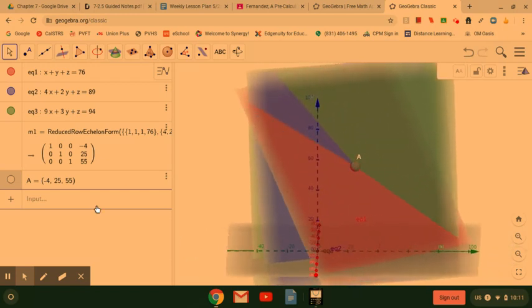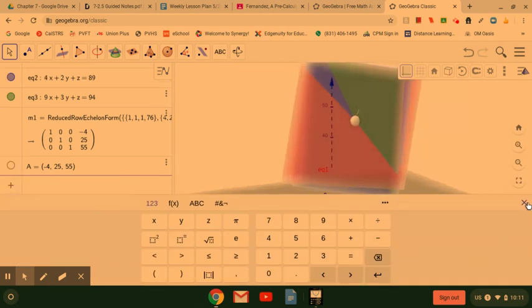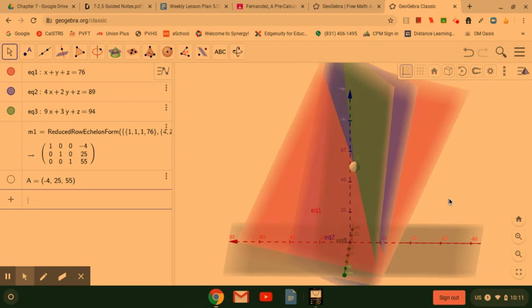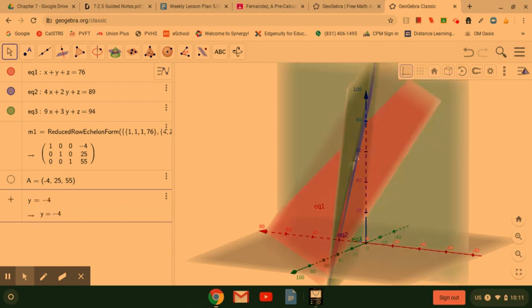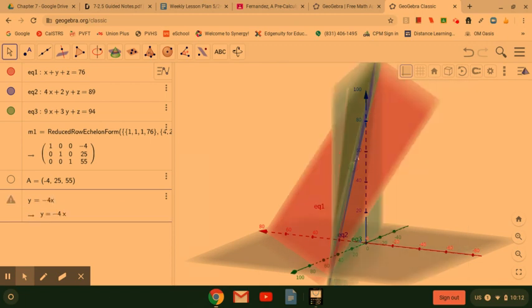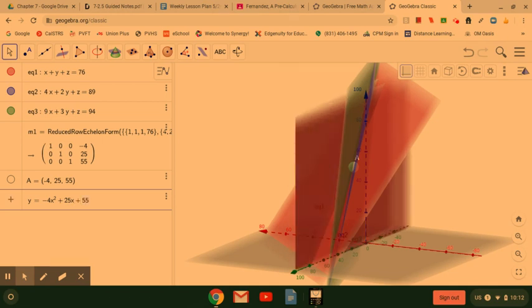Okay, so now we can write our solution. Let's stop this at a good point right there where we can kind of see where all three planes intersect. Okay, and now let's write our particular equation. So y would have to equal -4x squared plus 25x plus 55.